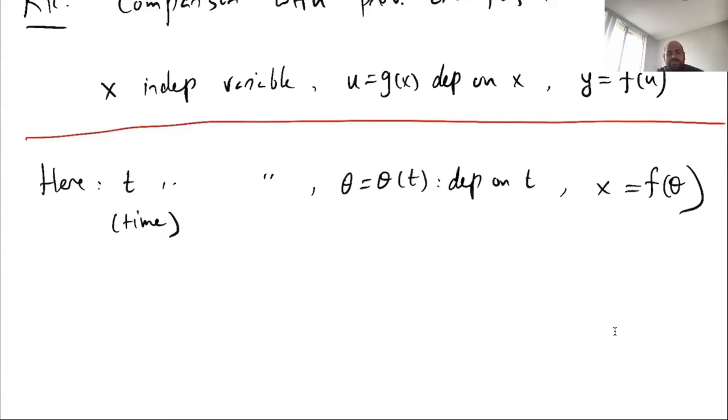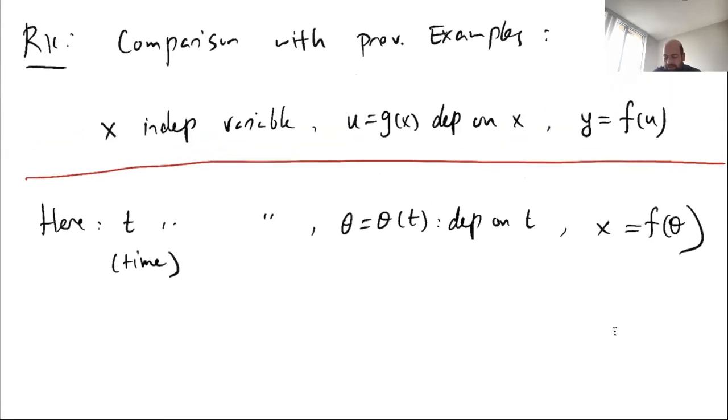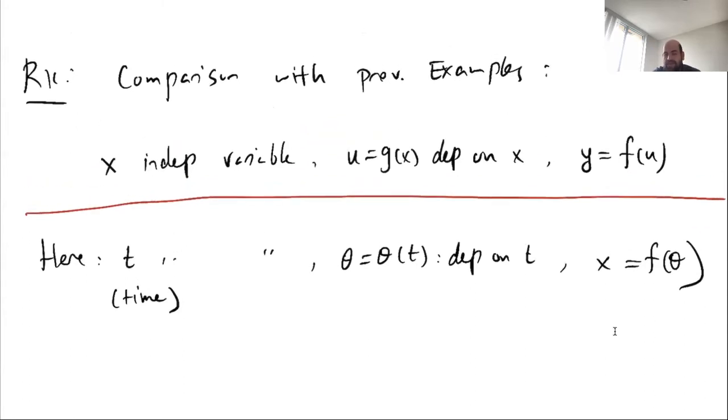So do you see the comparison? Just the letters have been changed in a slightly confusing way. I can agree. Some people could get confused because see, t here has the role of x in the previous examples. In mathematics, usually we say x is the independent variable. In physics, normally we say t or time is an independent variable. In the previous example, we had u as a function of x. Here we have theta as a function of t. And then we had y as a function of u in the previous examples.